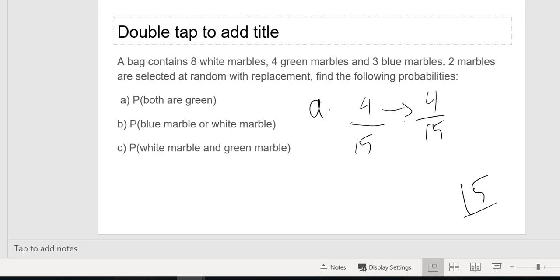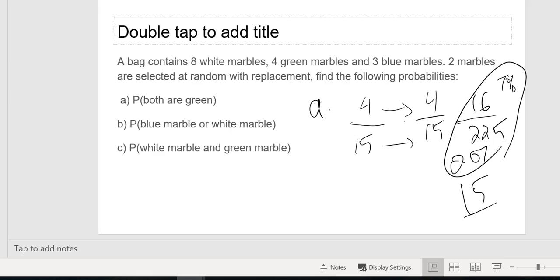It says multiply, so multiply straight across. You get 16 over 225. Now I would see if we can reduce that. Nope, that's it. If you convert that, you get 0.07, which is about 7%. So you have a 7% chance of selecting a green marble twice with replacement.